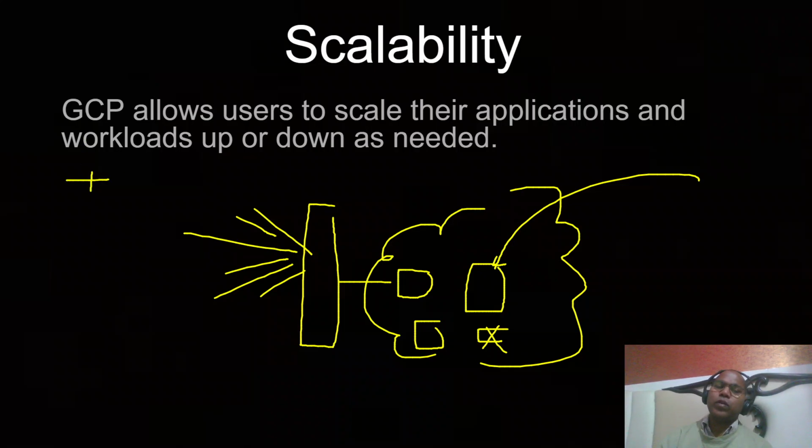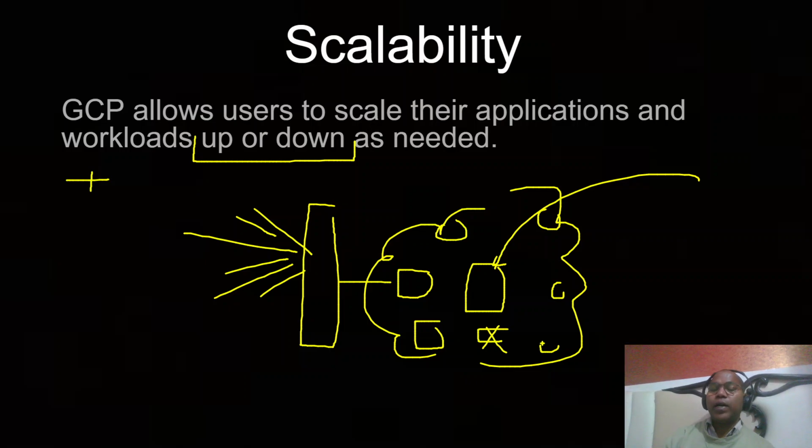GCP supports both horizontal scaling and vertical scaling, but nowadays most people prefer horizontal scaling, because with different geographical locations, regions, and zones, our servers can maintain redundancy and multiple copies, so our application becomes highly available and scalable.